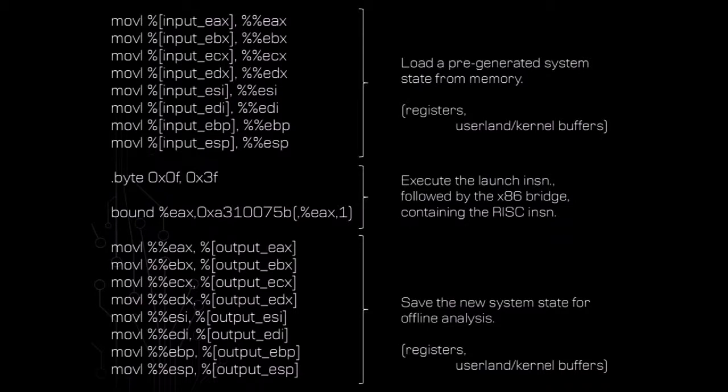The bridge instruction will feed a RISC instruction over to the deeply embedded core and let that instruction execute. After that instruction executes on the deeply embedded core, what we're going to do is read the state off of the processor. We'll read out all the registers, we'll read out all the buffers that we set up, and then we'll see if anything's changed between that input and output state to see if we can start deciphering what effect that randomly generated instruction had.